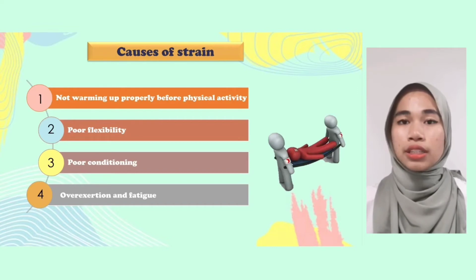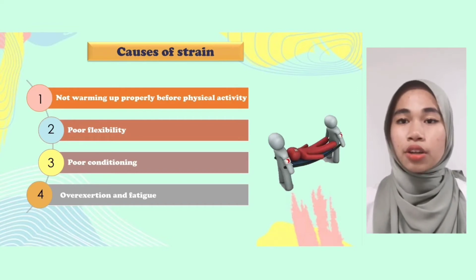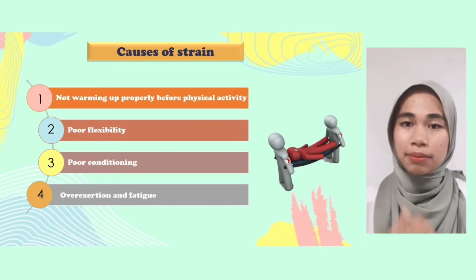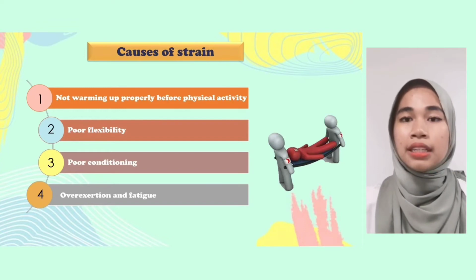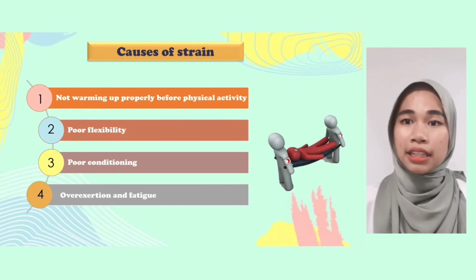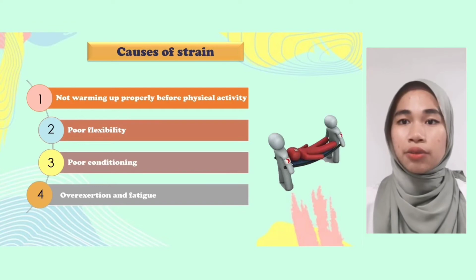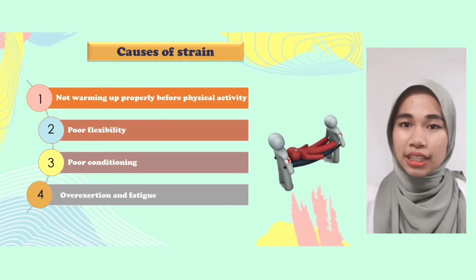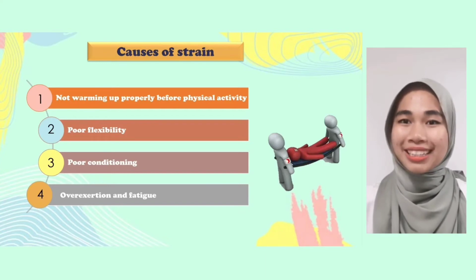So for the third is poor conditioning. Poor conditioning can create some common symptoms such as being injured easily during strenuous activity. For example, doing jumping rope, jogging, and race walking.